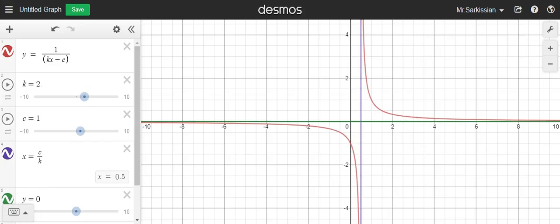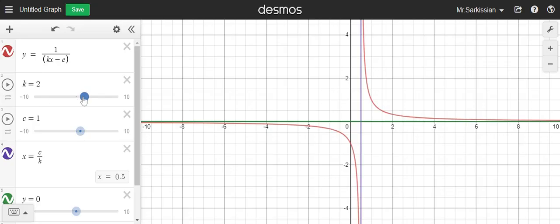It transforms the graph of the function in a way that it horizontally shrinks or compresses the graph by a factor of 1 over k.